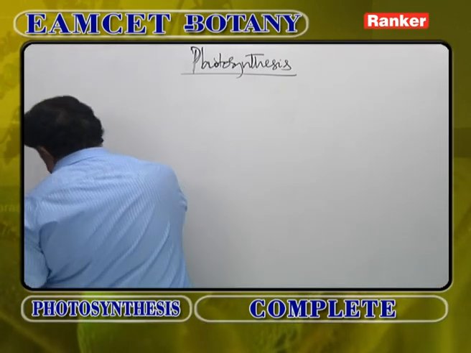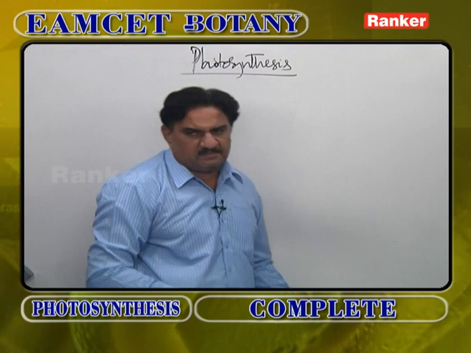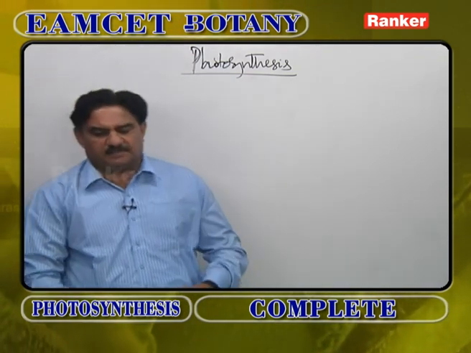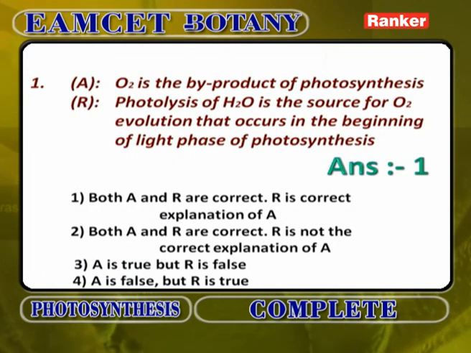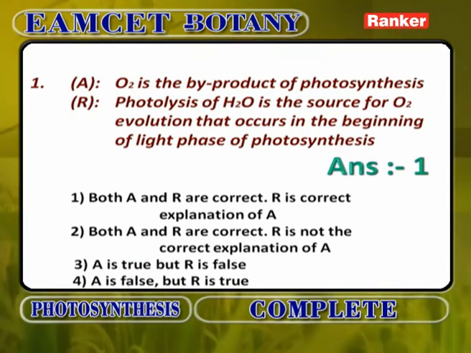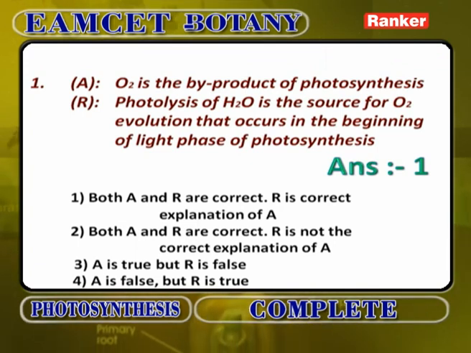In the complete absence of carbon dioxide it is liberating oxygen, meaning definitely it is coming from water. So, oxygen is the byproduct of photosynthesis. Photolysis of water is the source of oxygen evolution that occurs in the beginning of the light phase. So, both A and R are correct. R is the correct explanation of A, first option.